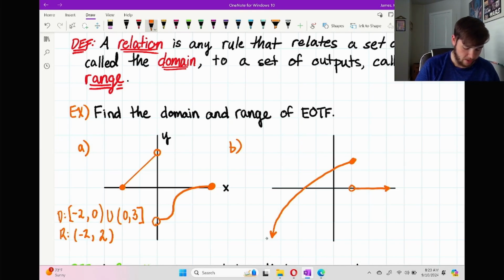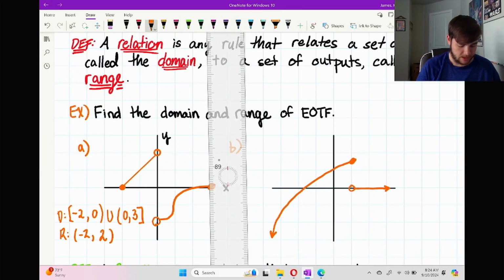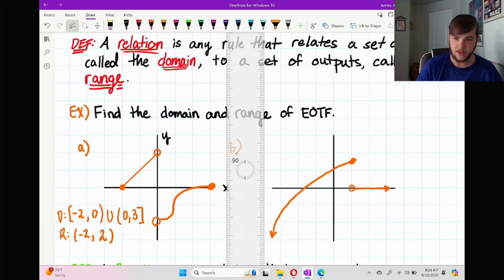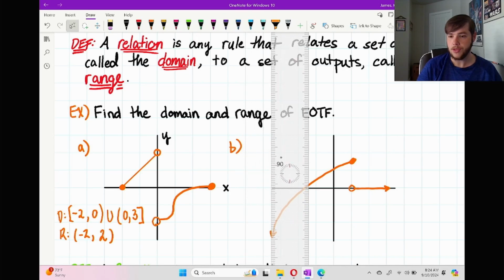Part B is a little bit trickier. Notice I've got these arrows here. When you see an arrow like that, that means this pattern continues forever. So when I look at the domain, all of the points out to the left of this picture are still on the picture of the relation, so they're all included.